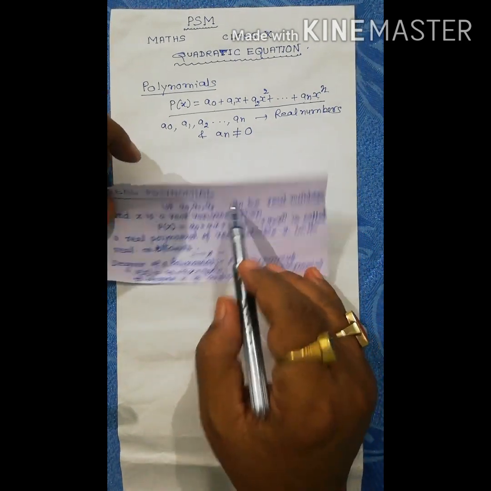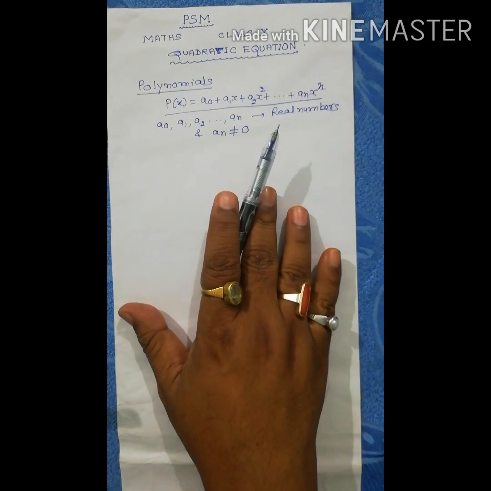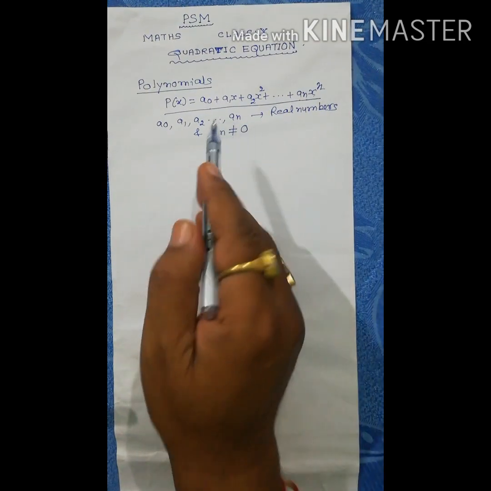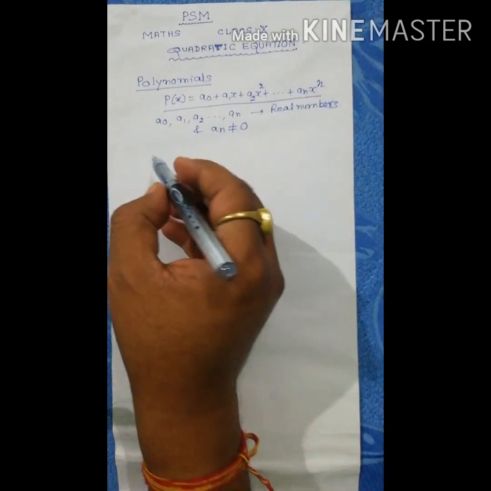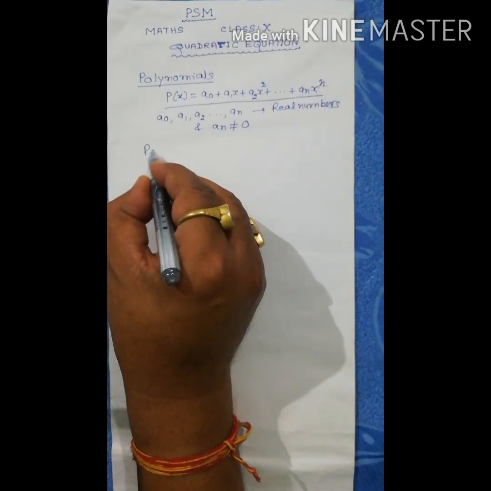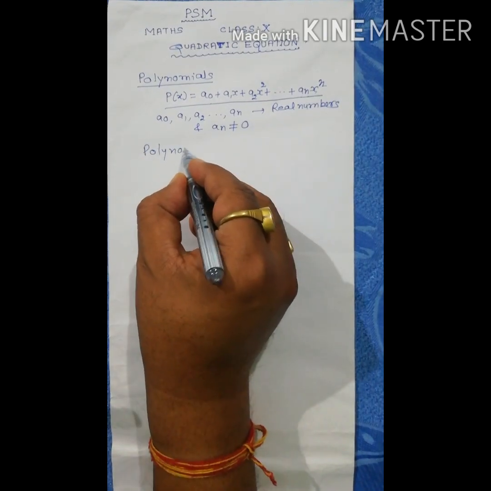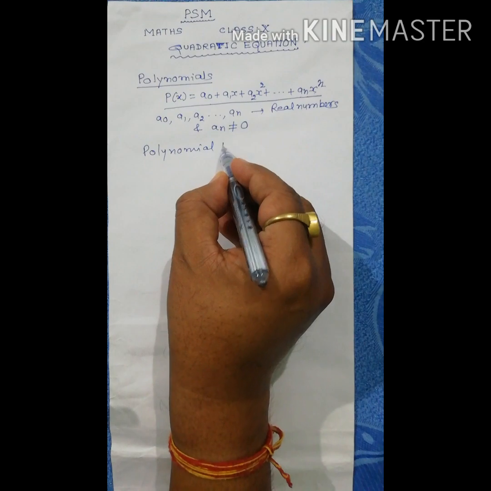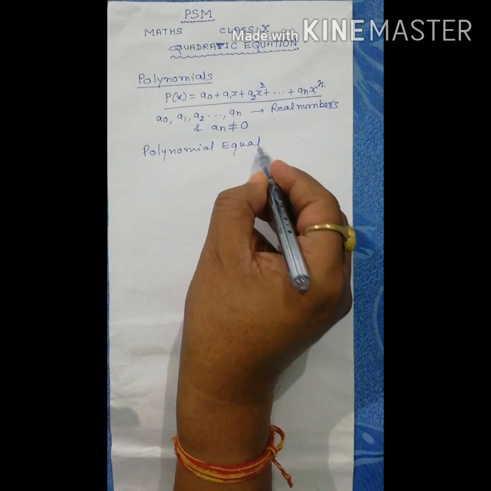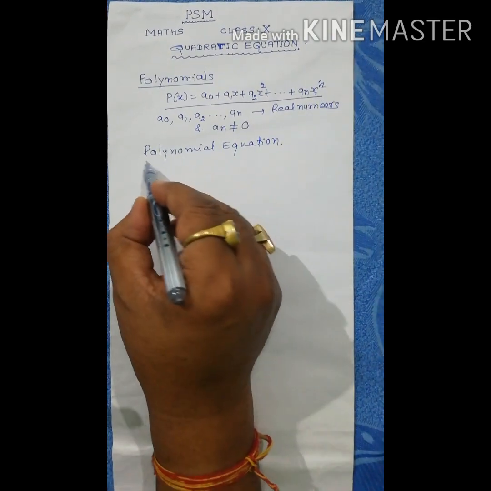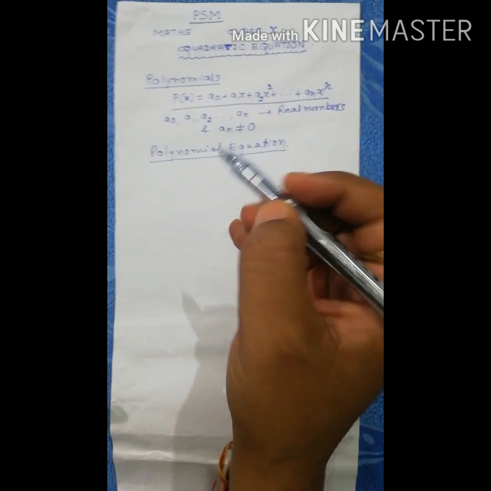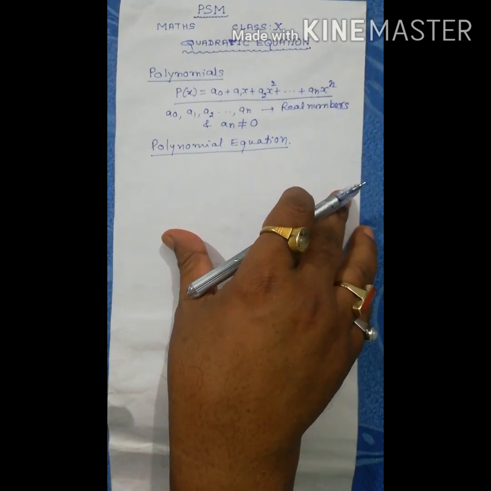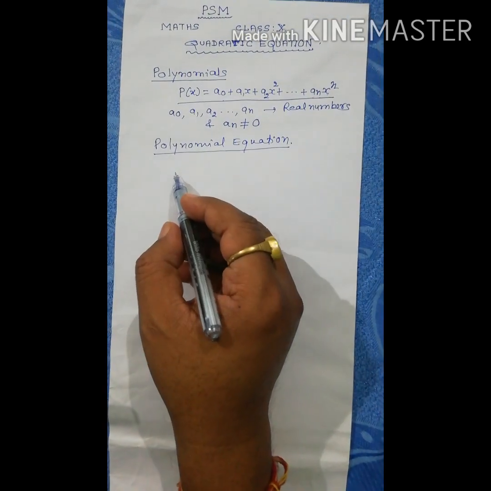Now come to the next point. If we understand what a polynomial is, then we should understand what a polynomial equation is. What is a polynomial equation?